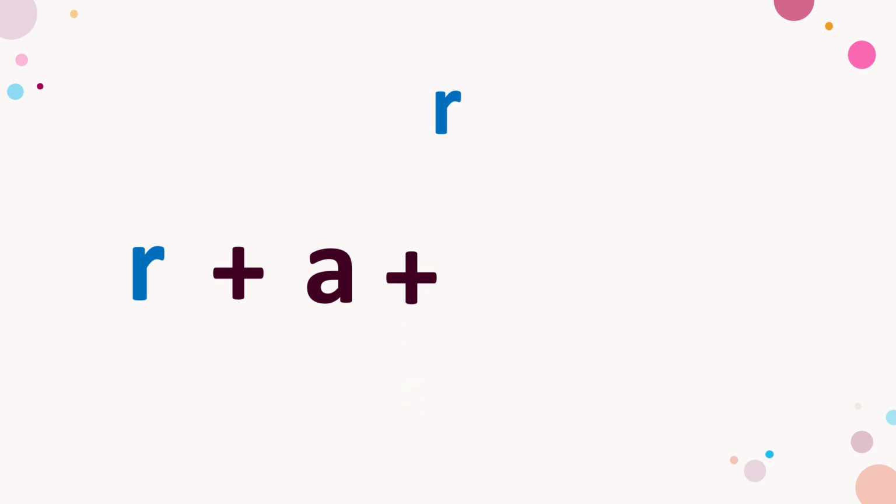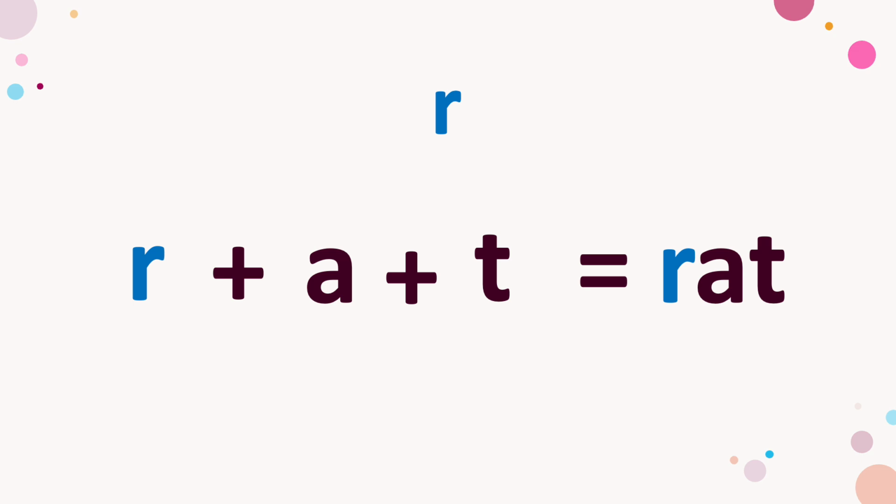What is this sound? T. Shall we blend them all? R, A, ra, t. Rat. Shall we try again? R, A, ra, t. Rat. Great job. You just read another three-letter word.